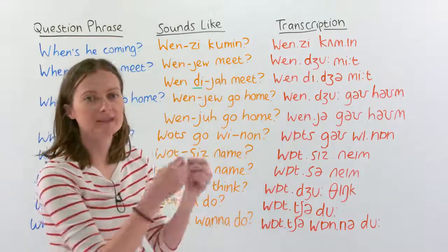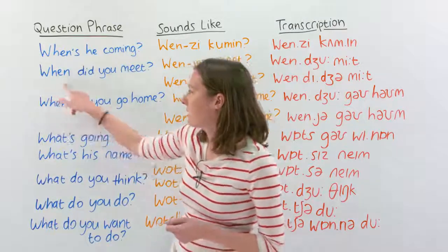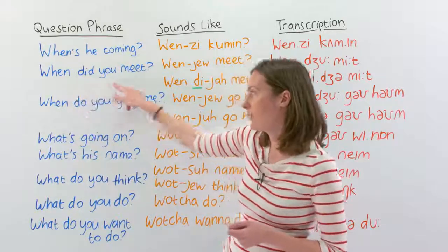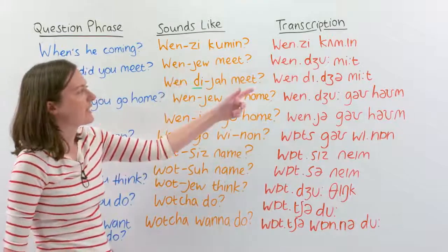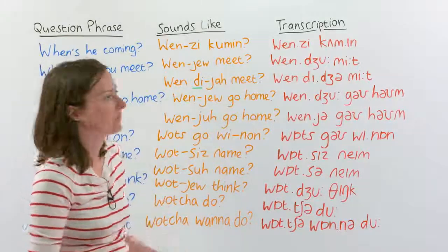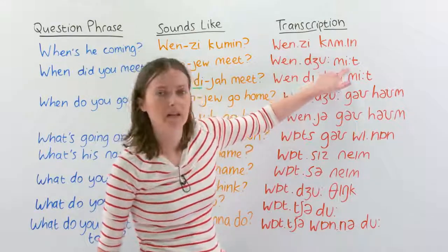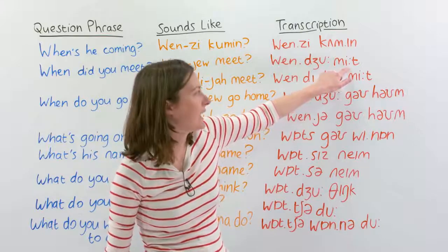This happens because the sounds blend into one another. If we go back here as well, when did you meet? 4 sounds, 4 syllables. But here, when'd you meet? Only 3 syllables. This is the long E sound in meet.